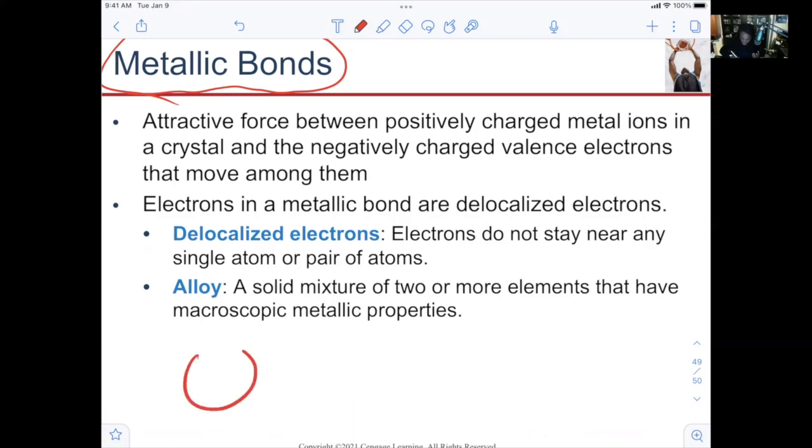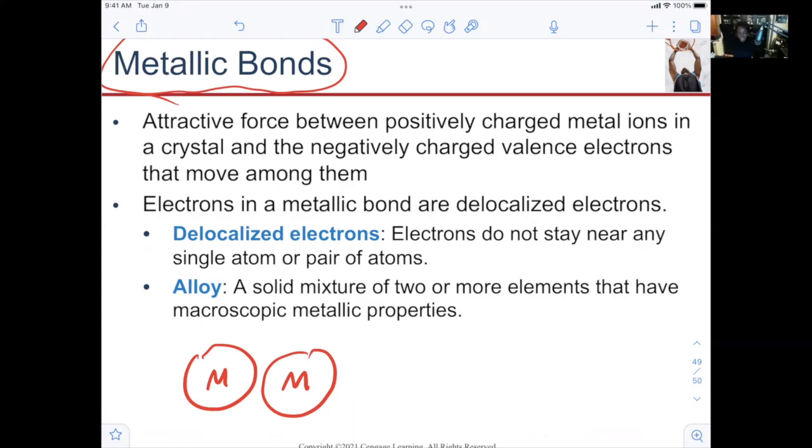So you have a large metal attracting a large metal, and they're about to form a bond. We know they form bonds because we have elements that form metallic bonds. We see them out there. Well, alloys is something else. Technically, an alloy is a mixture, so I shouldn't have brought that up. We're talking about metallic bonds, so let's stick with that.